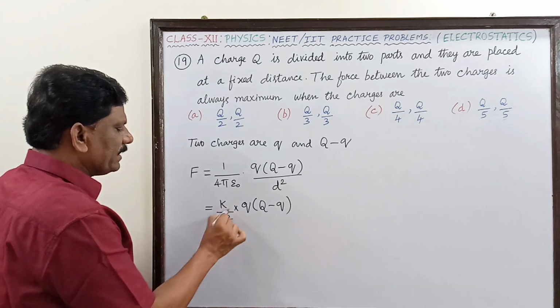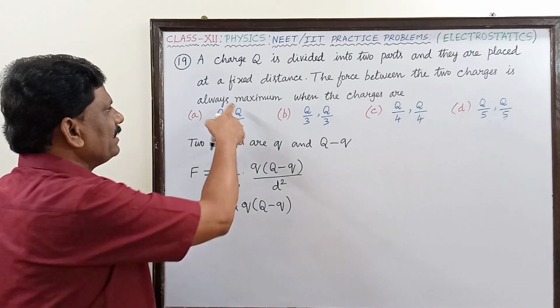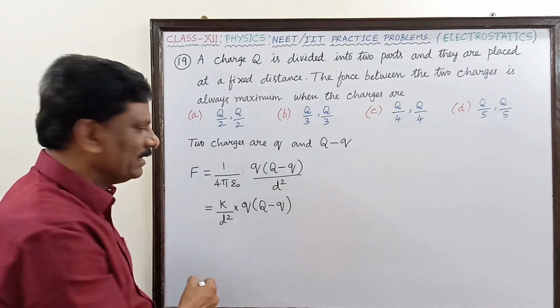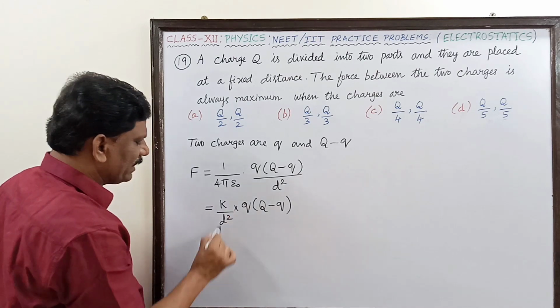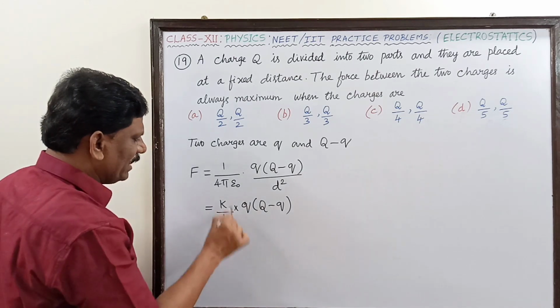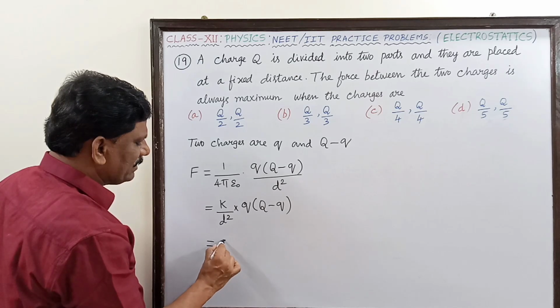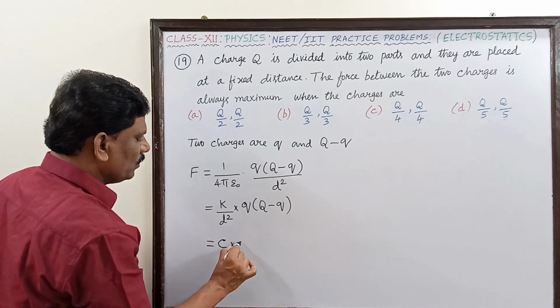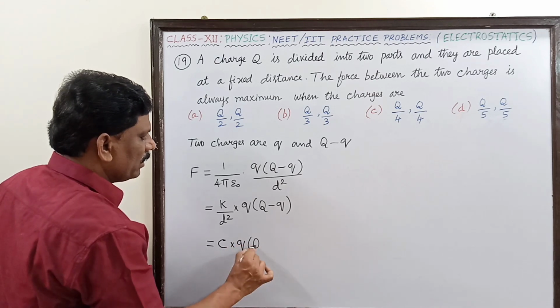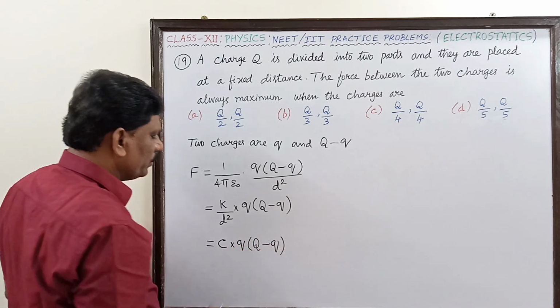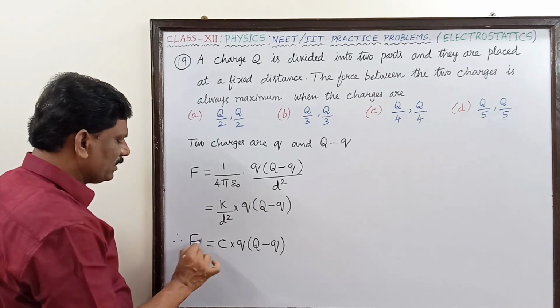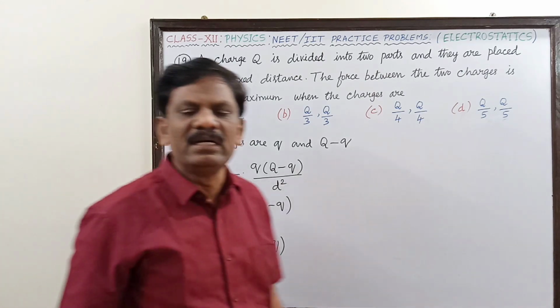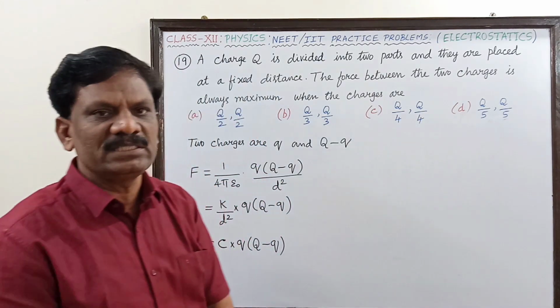This K is a constant, d square is a fixed distance, so it must be a constant. So K by d square is some other constant, say C. So C into q into capital Q minus small q. Therefore this is the expression for the force between the two parts of the given charge.